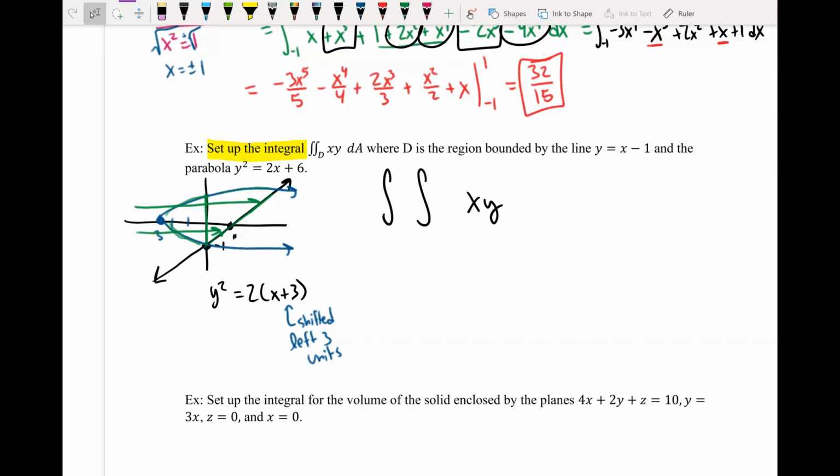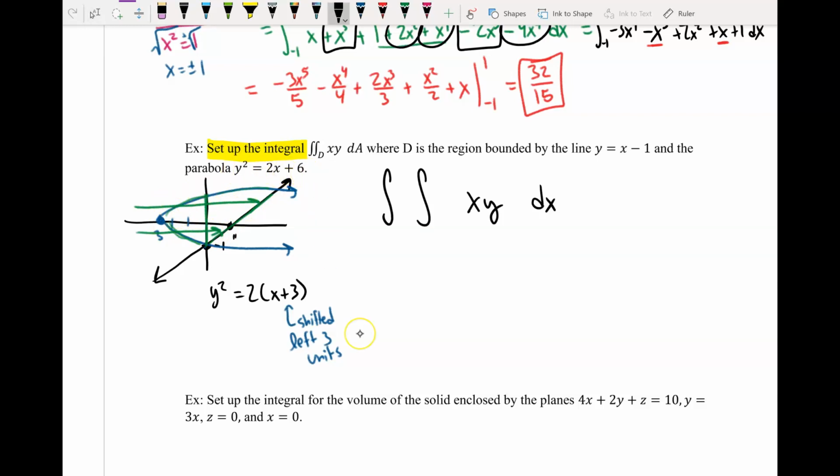So what would this be? We're going to look at all the values of x, so dx, because we're going in the x direction. What would be my lowest function? My lowest equation would be the parabola, because that's where it's entering. The parabola in this case has an equation of y squared equals 2x plus 6.